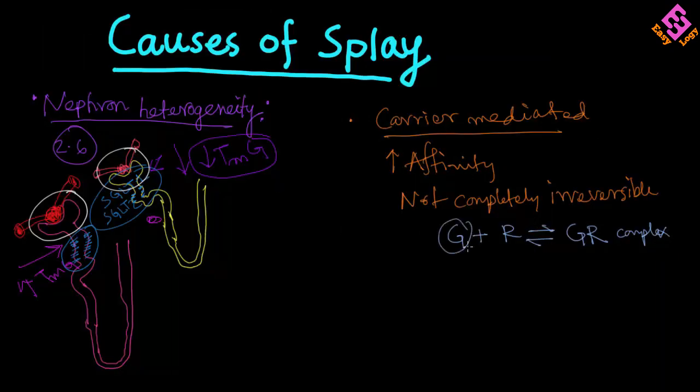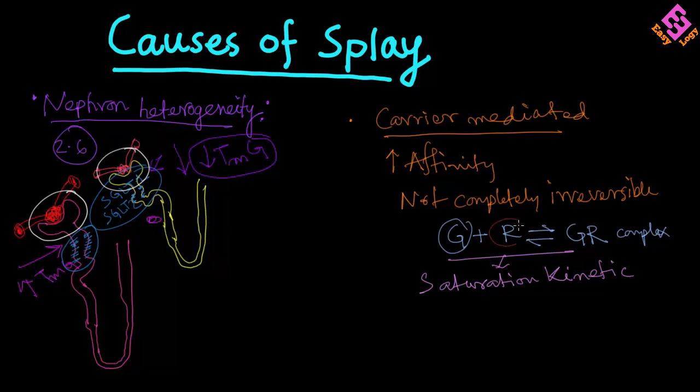So some amount of glucose will appear in urine although the reabsorption rate is below the transport maximum for glucose, and this reaction follows saturation kinetics that does not allow all the glucose to bind with all the carrier proteins at a time. That is, at a point of time all the glucose cannot bind with all the receptors present.